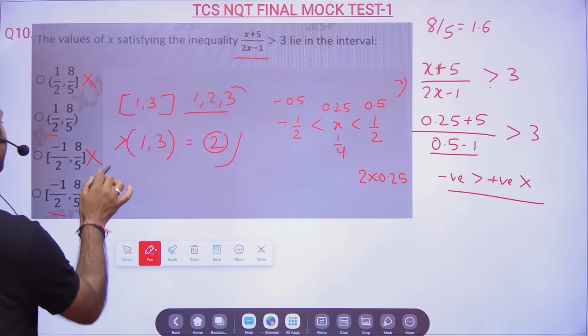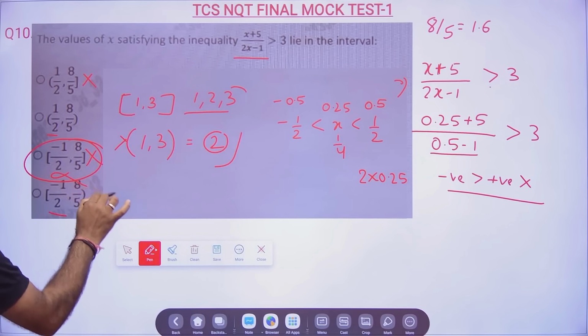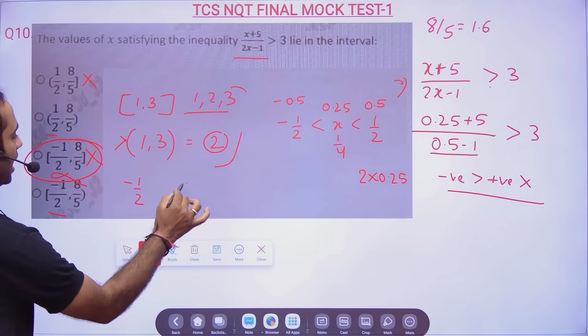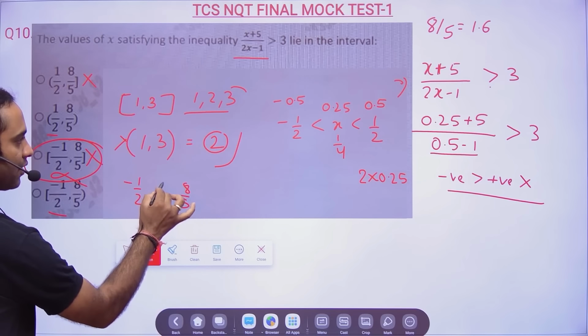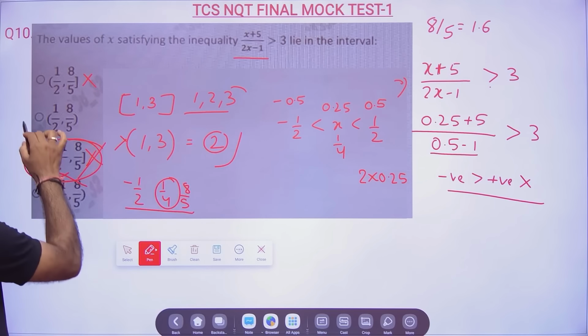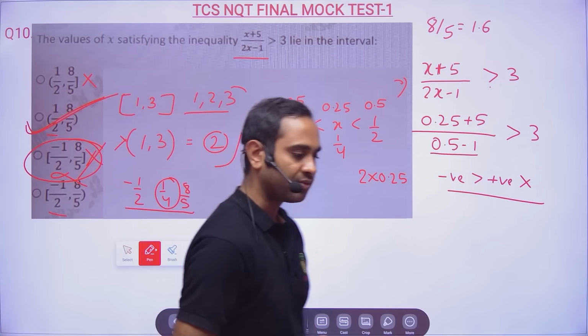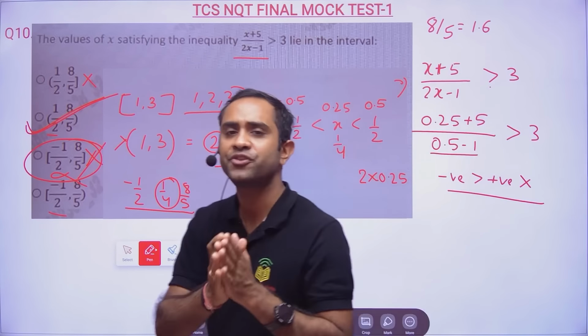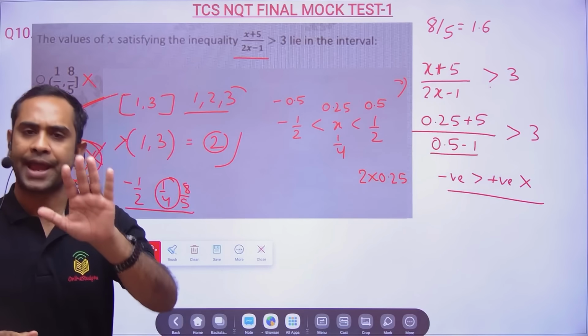So this is anyway ruled out, because 1 by 4 is a value in between minus 1 by 2 and 8 by 5, and it is not satisfying this. So this is ruled out. Only this will be your correct answer. Clear? See, this is how you have to utilize your brain in the examination and then solve.